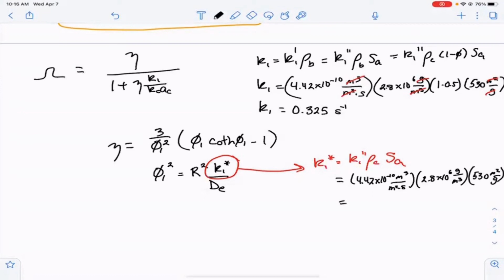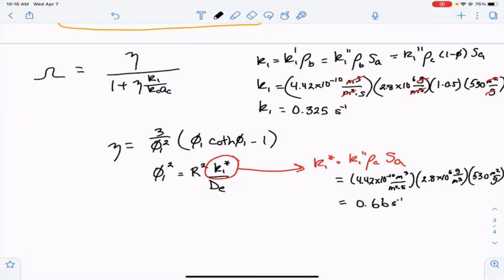And that should just be twice the value of K1, right? Because you're just taking the bed porosity out of this. And that is 0.66 inverse seconds, okay?